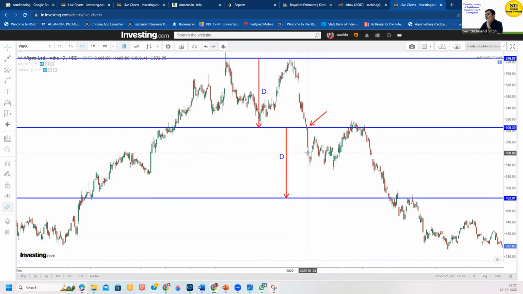This is the 24th of January, and this is May. So approximately 4 months and 15 more days, about 4.5 months. In 4.5 months, 600 to 482, so approximately 100, 120 points or so. That much we are going, but this is again a short selling example.